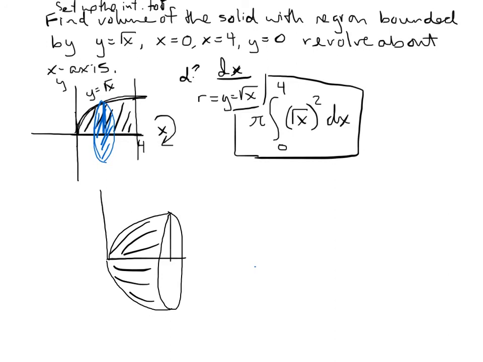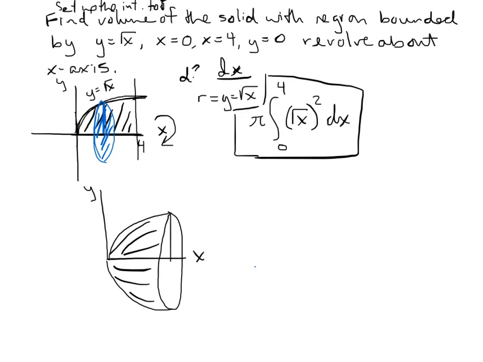It's not quite a cone, so solid paraboloid. Okay, so that's what the 3D shape looks like, and in order to find the volume of that, we would take pi times the integral from 0 to 4. That comes from the x bounds. We're adding up the discs. Pi radius squared. The radius had to do with the function, and that function was root x.